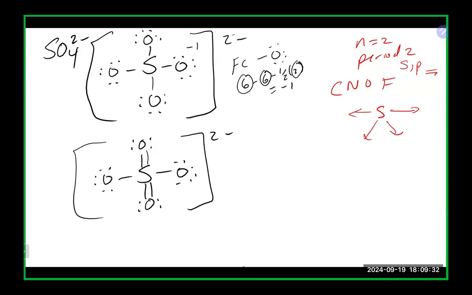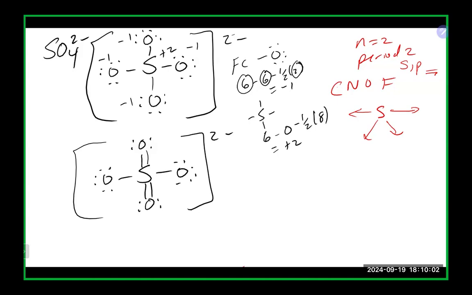That gives me -1, -1, -1, -1. And for my sulfur, that would be 6 minus 0, as there are no dots, minus 1/2 of 8, which gives me a +2. We add that together: +2 in the middle, -4 on the outside, a -2 overall, which equals the charge, which is all good.